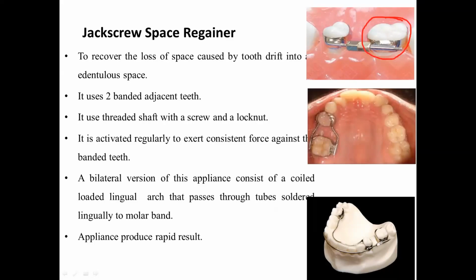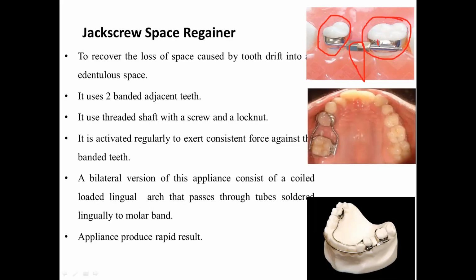But here, the deciduous molar, or now in this picture, the first premolar, is also banded because we need to maintain this space for a second premolar to erupt into the oral cavity. So here we used two bands. Over there, we used one band.